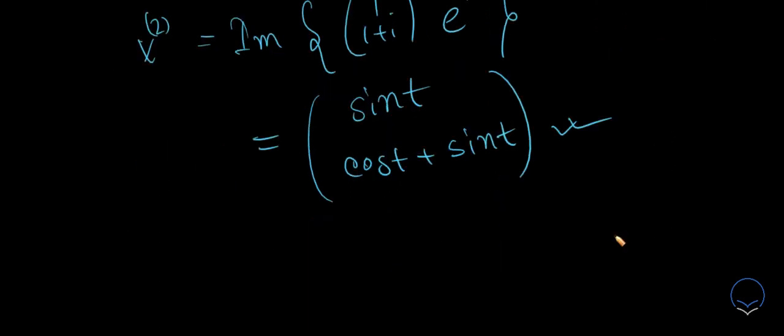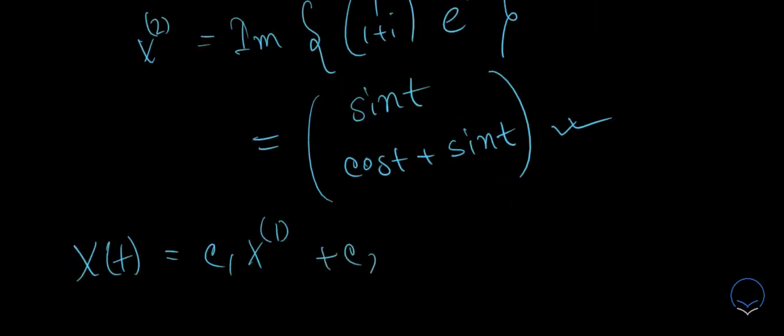And you can now use these two constructions to make the general solution x of t, which is again a column vector, as c1 x1 that we constructed over here, plus c2 x2, like this, and this is your general solution.